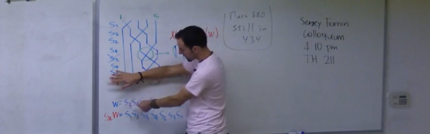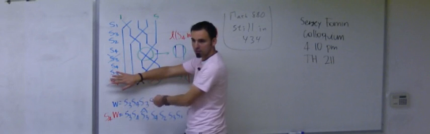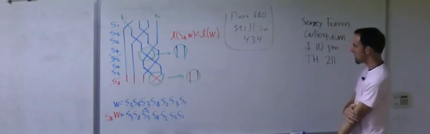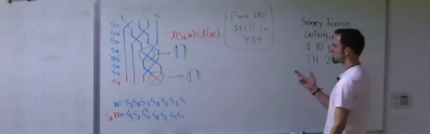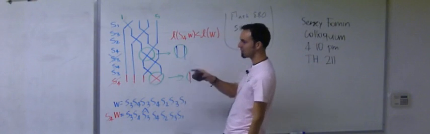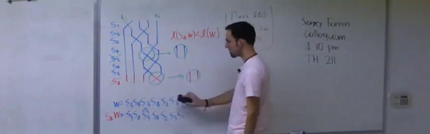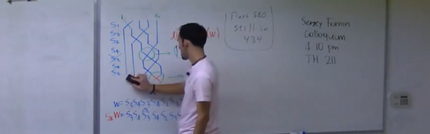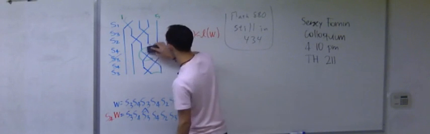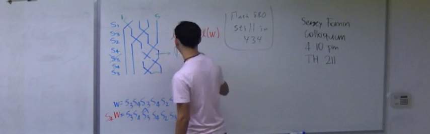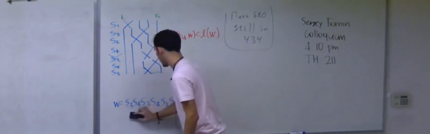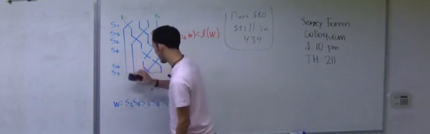We claimed that W can be written in a shorter way. And this is what Thomas pointed out to me. The reason that this can be shortened, I think now I gave you time to parse this picture. So I'm going to erase and now go to the deletion property. So forget about S4. Forget about this crossing. Forget about this. And forget about this. And let's talk about the guy that we started with.